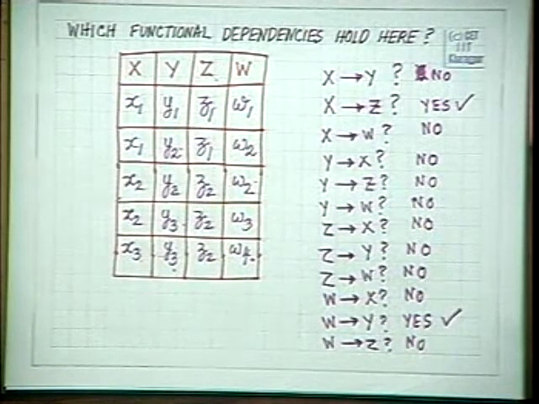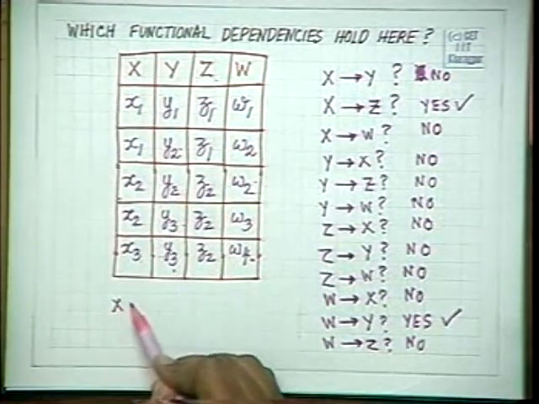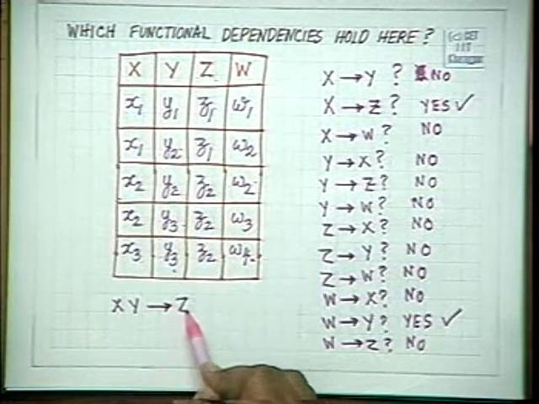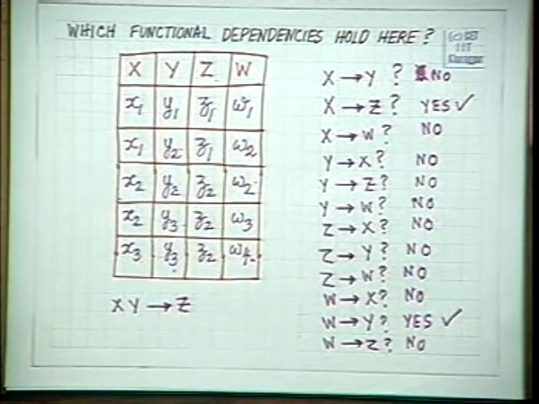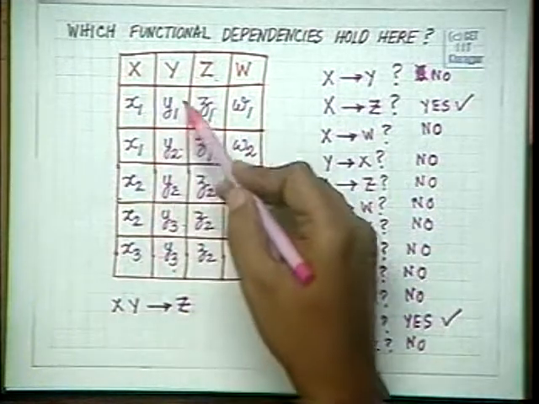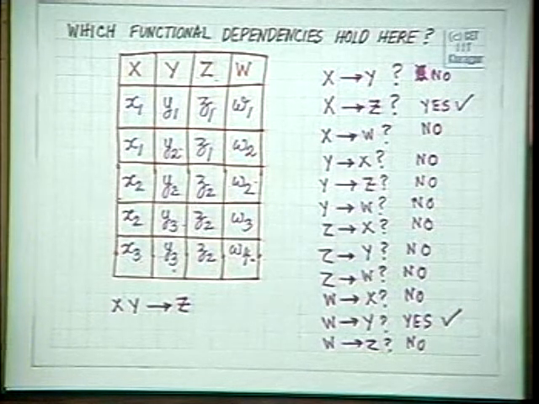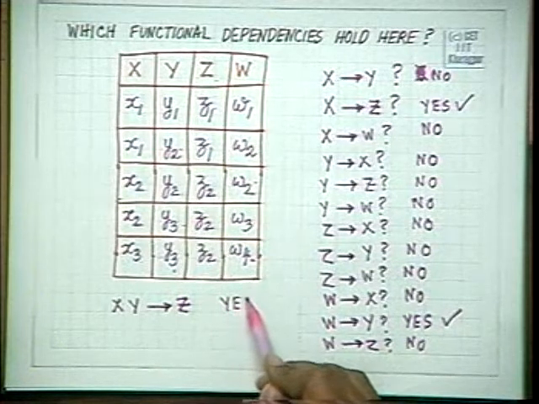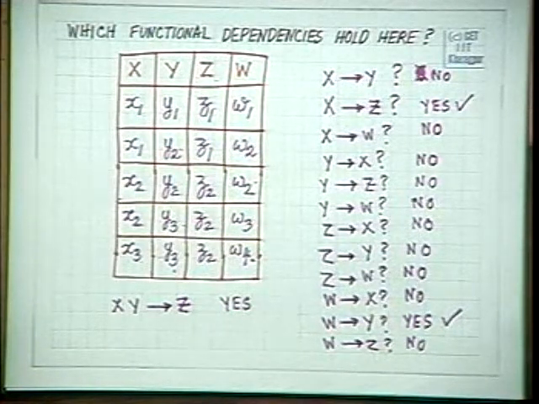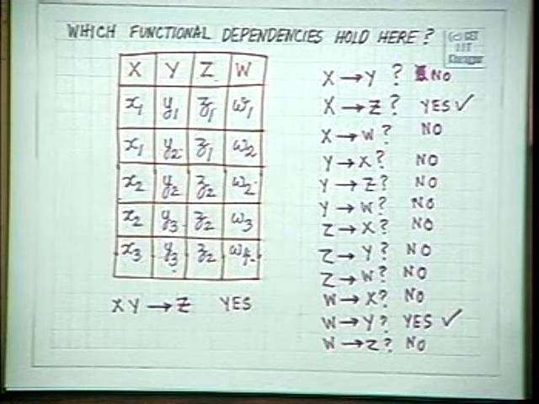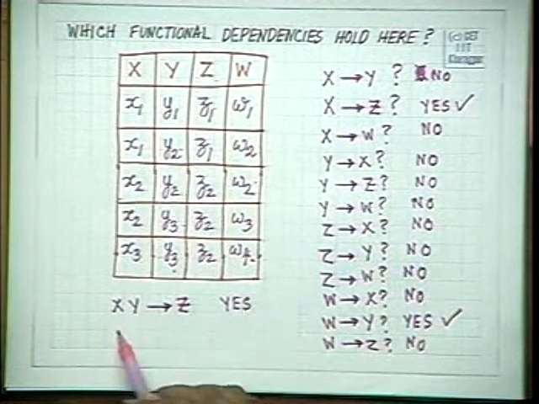We can always say XY gives Z, because that is not violated, as there are no tuples with the same value of X and Y. So we will say this holds.